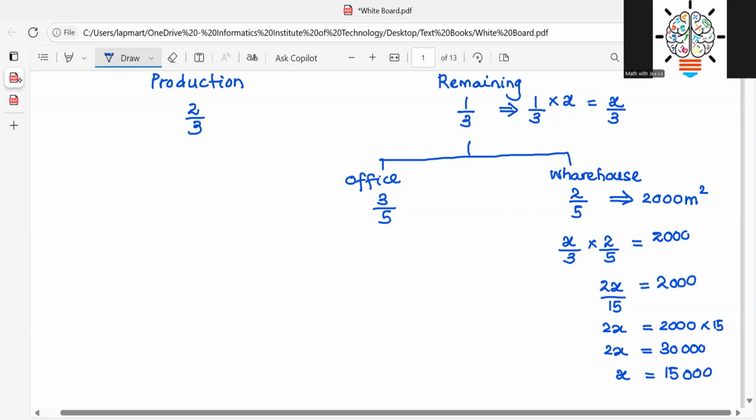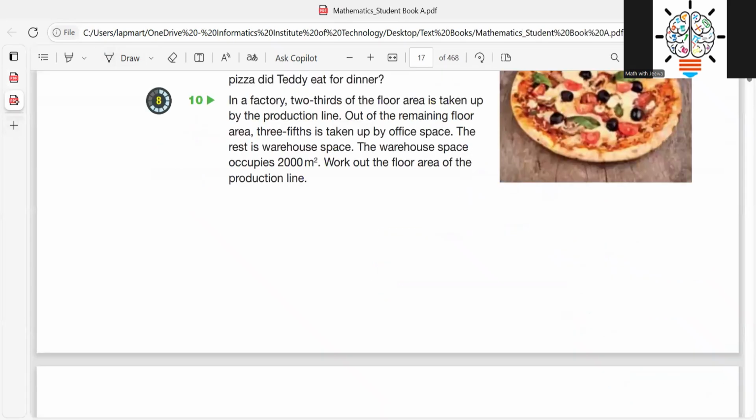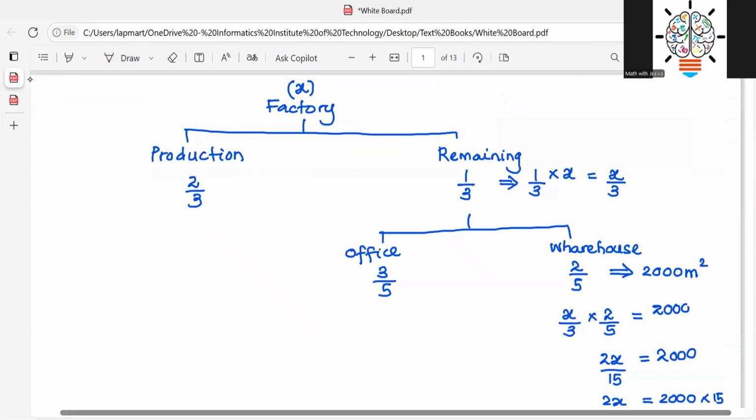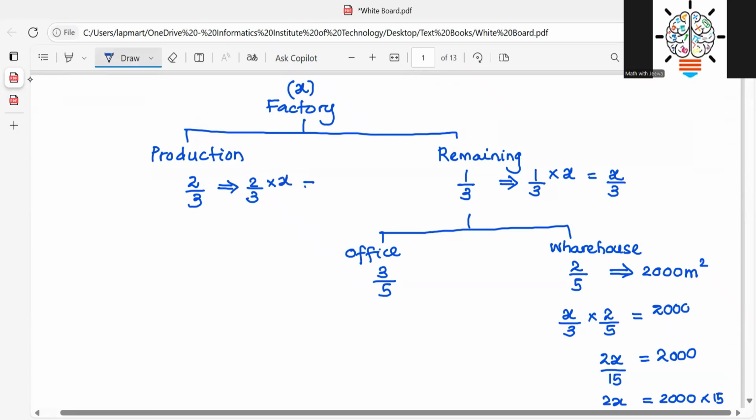What is x, children? The x is the total factory. But what they are asking? They are asking to work out the floor area of the production line. The production line should be, if I take this, 2/3 times x, equal to 2x/3, no? Right.